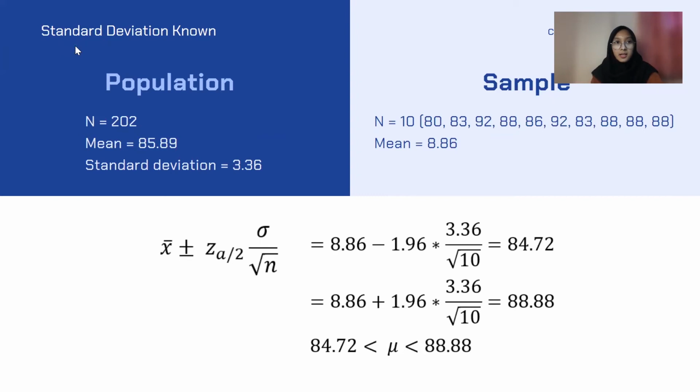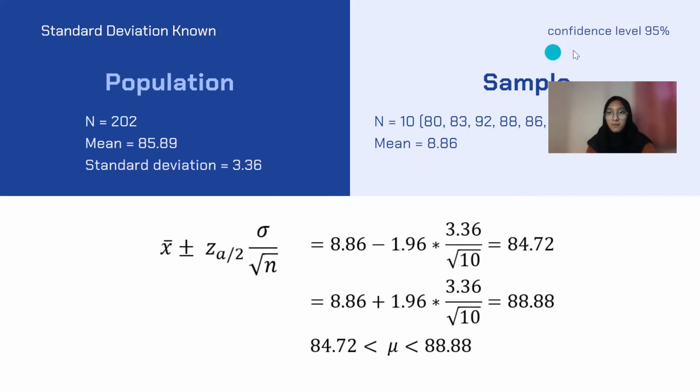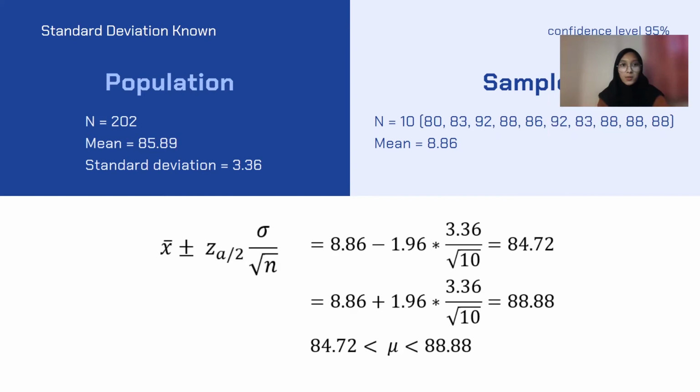So this is how to find the confidence interval if we know the standard deviation, and I use the confidence level 95% here. Okay, so this is the population with n, or amount of data, 202.